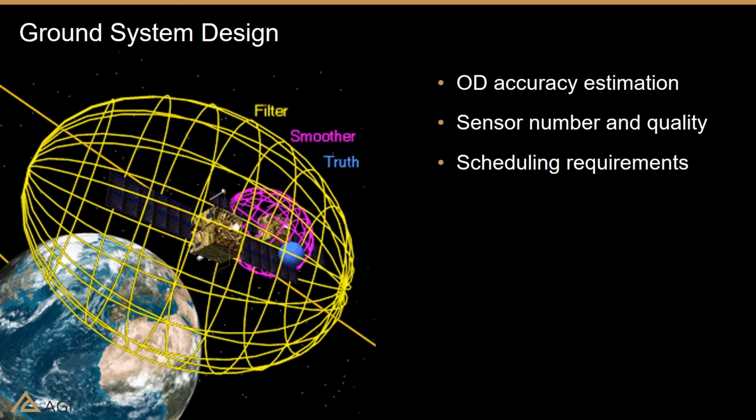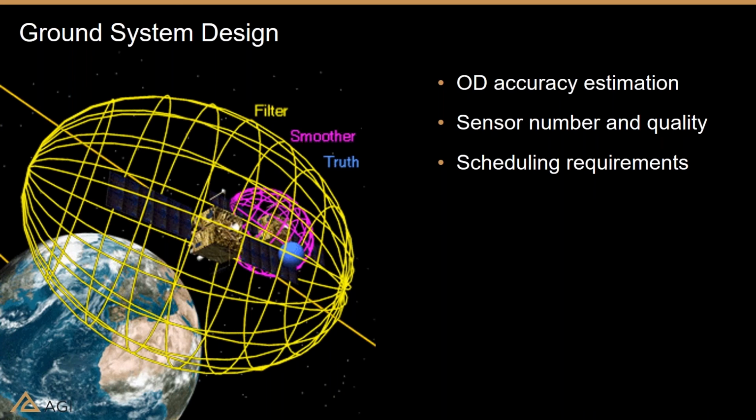So other models that would be appropriate to help us flesh this design element out would be the ability to model actual sensor performance, the sensor accuracies, the number of observations and frequency of observations, and the number of different ground stations.